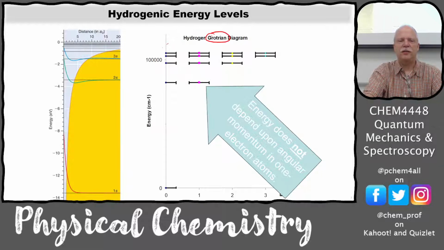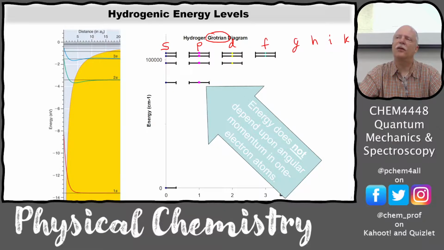Those energy levels are spaced by their angular momentum, S, P, D, F, and it goes on to G, H, I think I've seen K, I'm not sure. It doesn't have an L column because that would be confusing. L is a quantum number, and so they skip a few things like that.